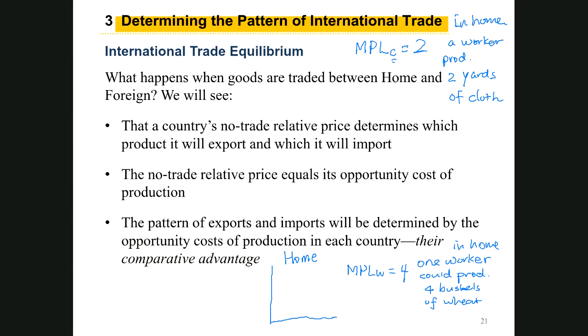So based on this, I have MPL wheat equal to 4, MPL clothes equal to 2. What else do I have to know? I need to know the total endowment or the labor population in the home country, right?